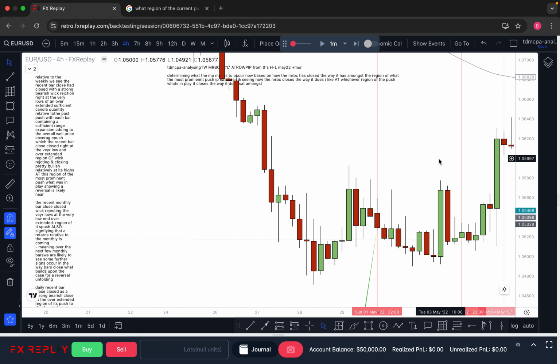That's basically, you would be expecting further wick rejections to occur, and it would make sense to look for sales. But from this point, I have to have a look at the 9 and 8.